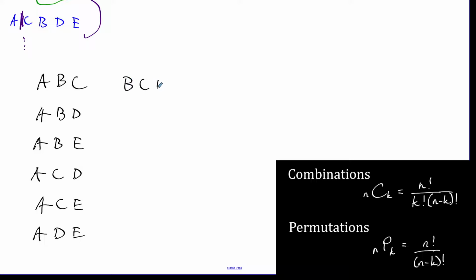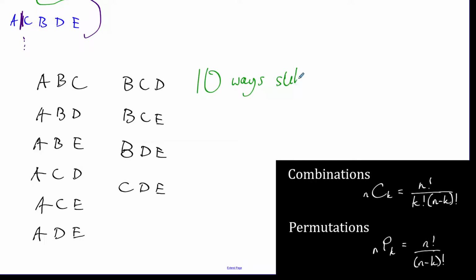Now I can do BCD, BCE, BDE, and there should be one more, CDE. All right, so there are 10 different ways that I can rearrange these guys to play together, okay? Just in the sense that, okay, you guys can play, or no, now you guys can play, whatever. So that's 10 different ways of doing substitutions, okay?